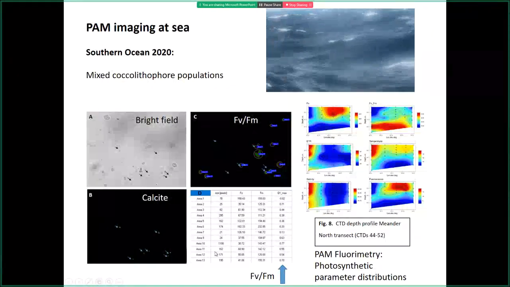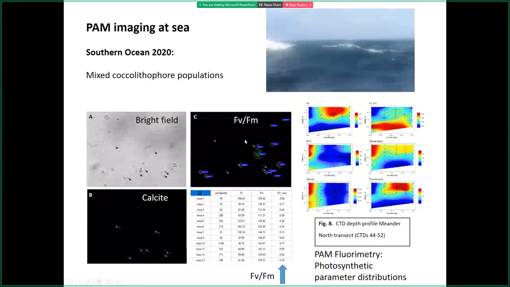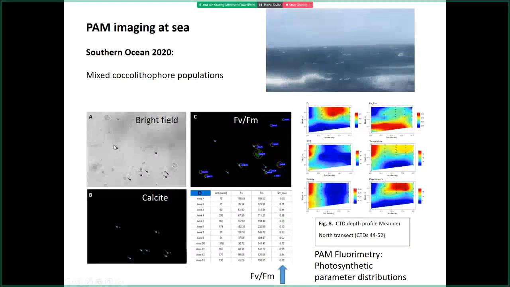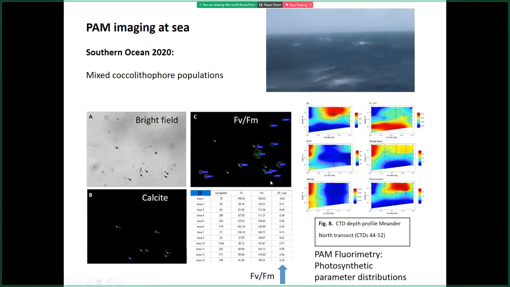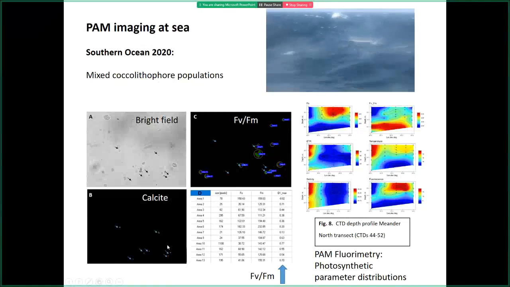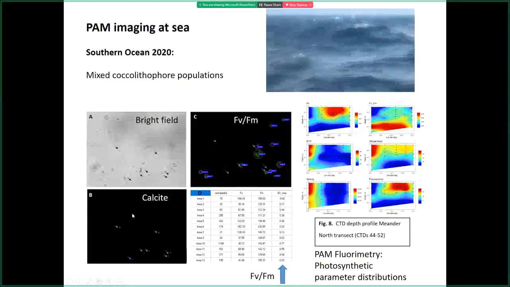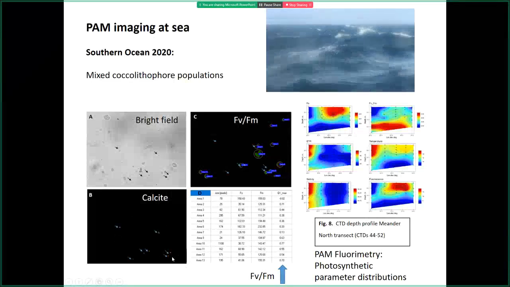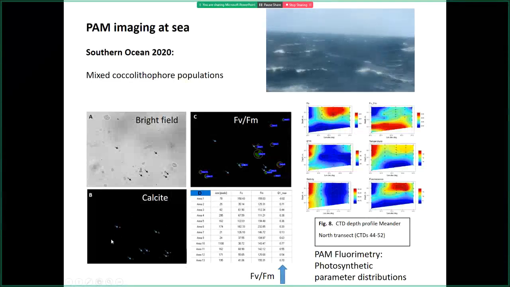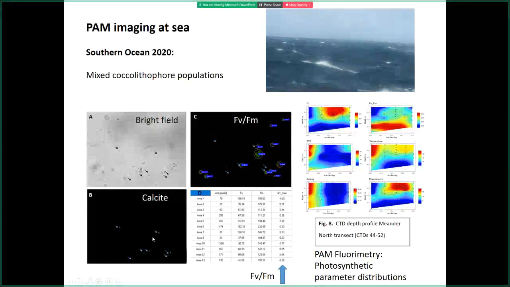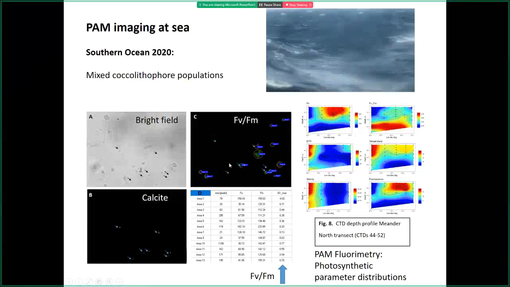I'm not going to go into any details. Here's a bright field image on the left, and on the right, the photosynthetic efficiency images. The calcite in those single cells is arrow-headed on the bottom left here, so we can say which of these cells were coccolithophores and which weren't.